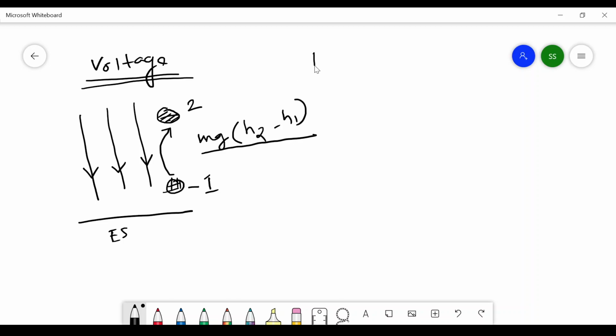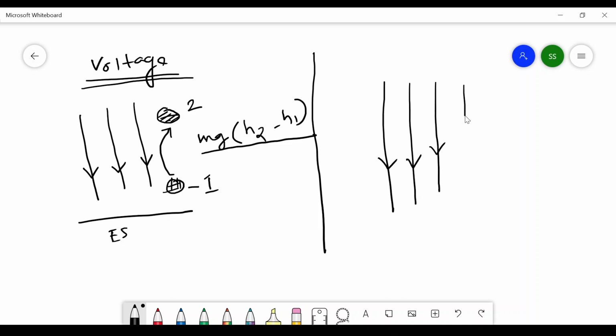Now, if we draw a similar analogy in the case of an electric field, let's say this is an electric field, and in this electric field you put one positive charge of 1 coulomb. This charge accelerates in this electric field from position 1 to position 2.